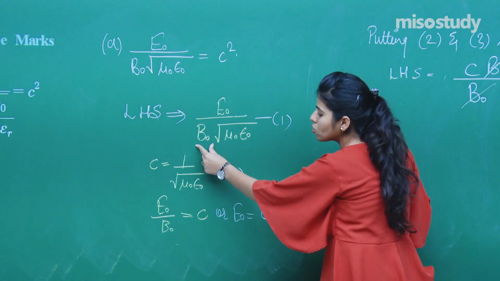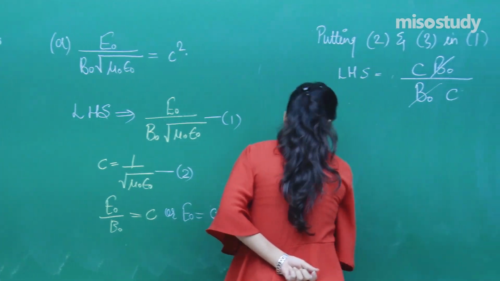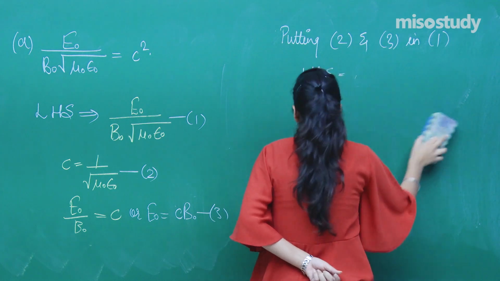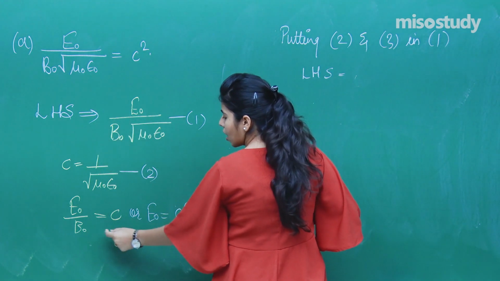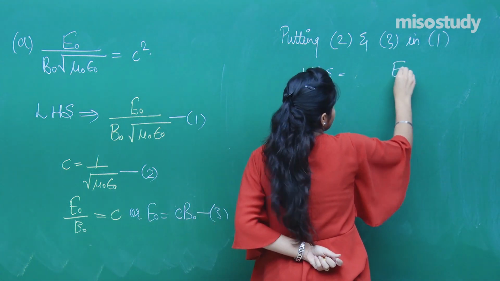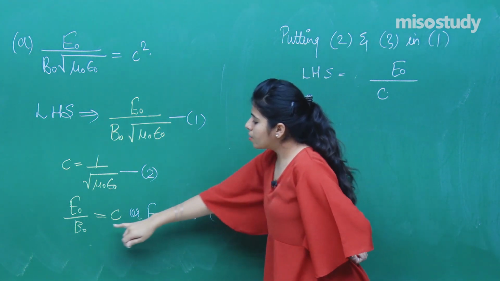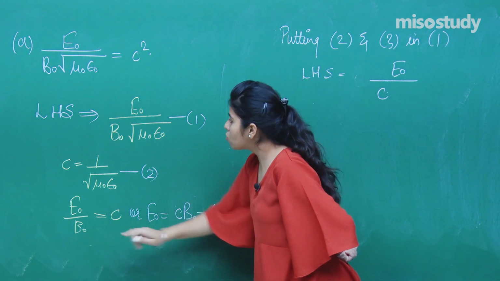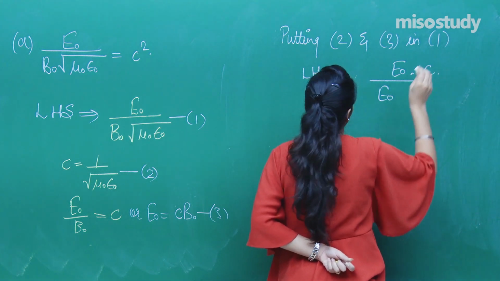So in place of B naught, we can put E naught upon C. So this is E naught, and C will go upwards.